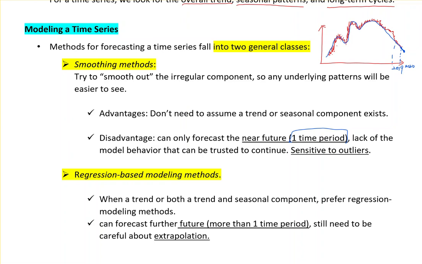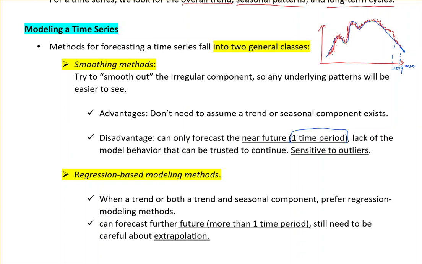If your y response variable values are recorded every minute, then you can only make the prediction for the next minute. So this is the first disadvantage of the smoothing method.